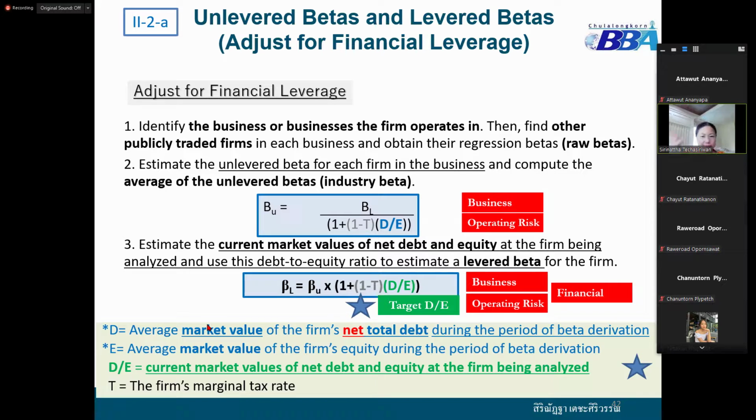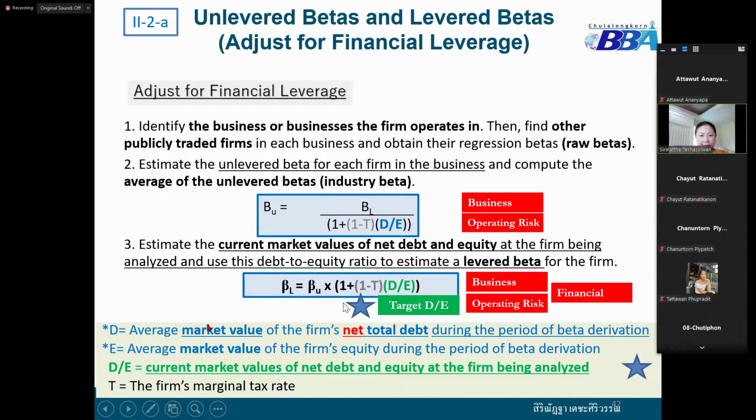Net debt is debt minus cash. Net debt to equity, market value of net debt to equity of the comparable firm during the beta derivation period. Okay, so after we adjust this, we have the unlevered beta of the comparable firm.